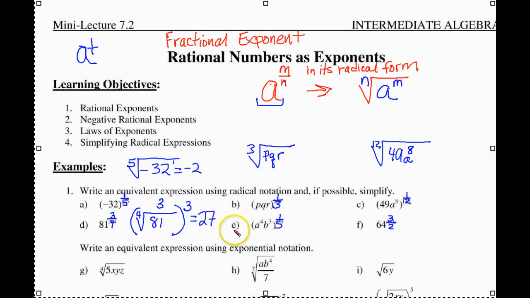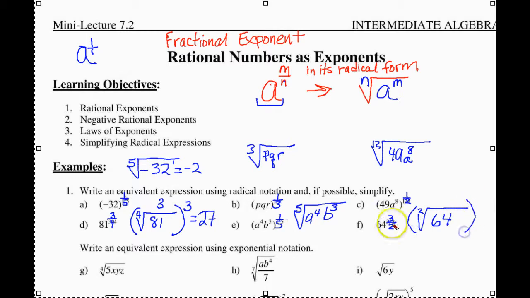Going on to letter E now, radical sign, a to the 4th, b to the 3rd. This is all to the 1st, so we just need to put in our index number. And this one will be radical sign. 64 is our radicand. And our index is 2.